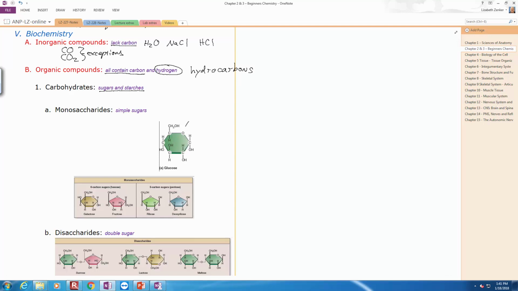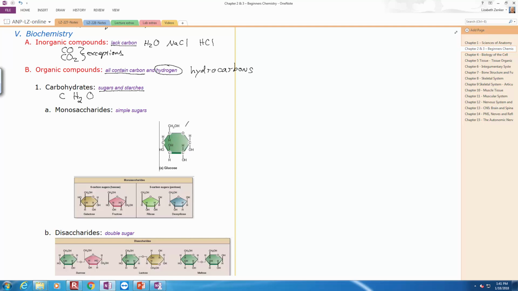So this is actually our main source for our cellular fuel, and it contains carbons, hydrogens, and oxygen. The neat thing is that for every carbon that we have, there are 2 hydrogens. So it's actually 1 carbon per 2 hydrogens per 1 oxygen when it gets put together. So that's your base structure of a carbohydrate, CH2O.